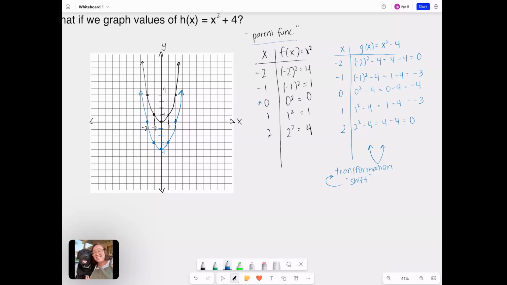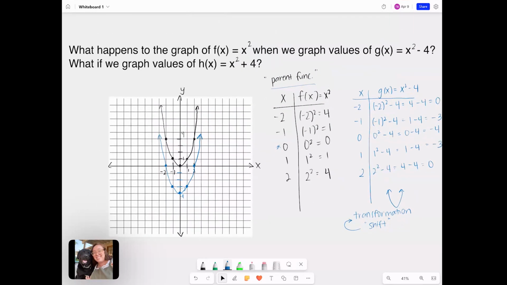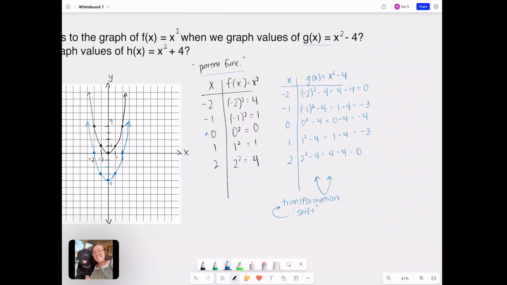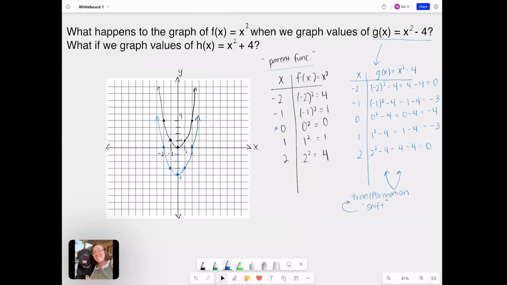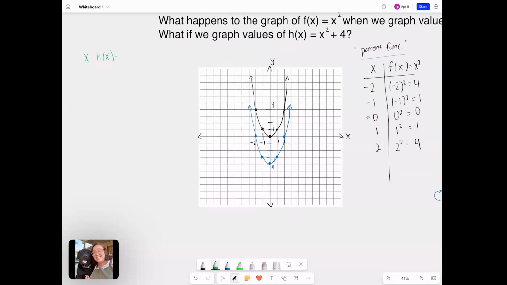We did have one more piece on here: what happens if we look at the graph of x squared plus 4. I'm going to just underline this in blue so we know what function that was. I'm going to do that over here on the left. So the only difference here is addition instead of subtraction.